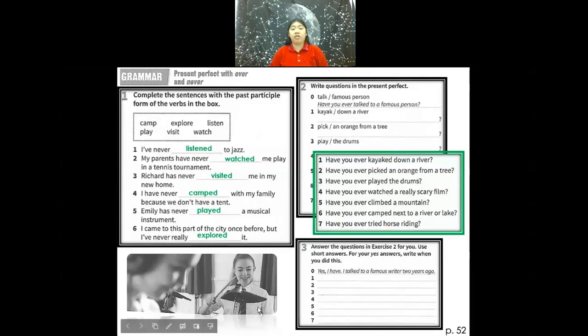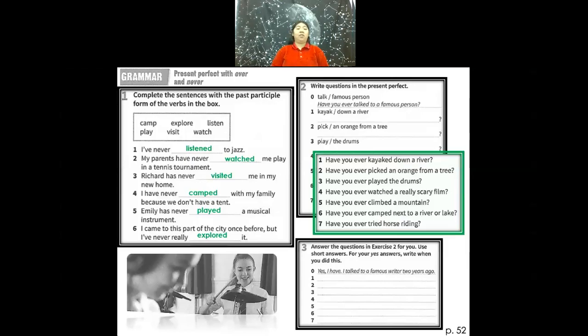Have you ever picked an orange from a tree? Number three, have you ever played the drums? Number four, have you ever watched a really scary film? Number five, have you ever climbed a mountain? Number six, have you ever camped next to a river or a lake? Number seven, have you ever tried horse riding?